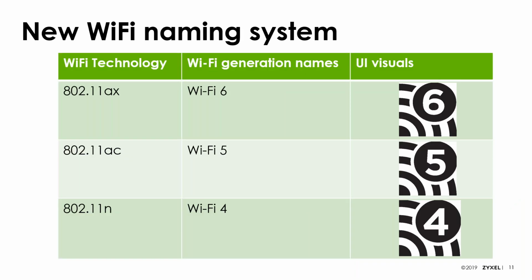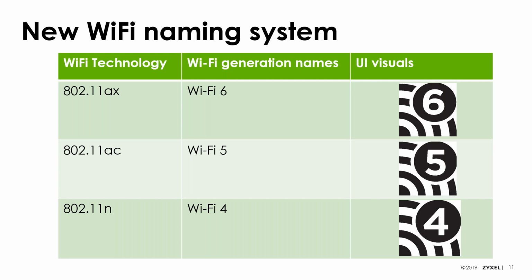There is also going to be a naming change for not just the standard, just to be more human readable basically. So AX standard will be also called Wi-Fi 6, and there will also be a symbol in your normal Wi-Fi symbol of your PC or tablet or whatever that symbolizes the standard it is connected to.